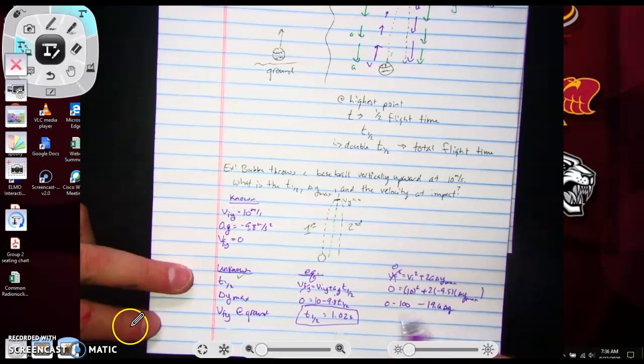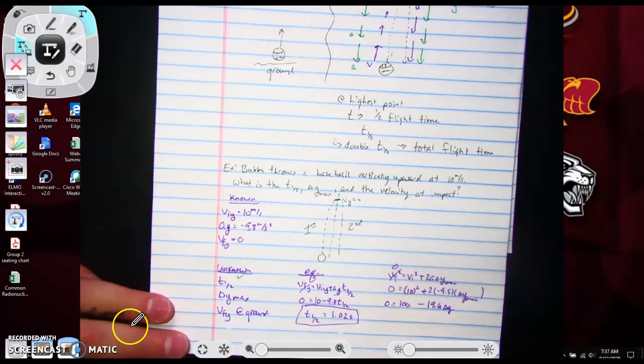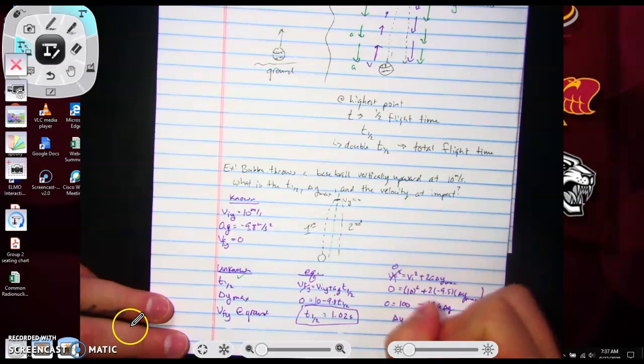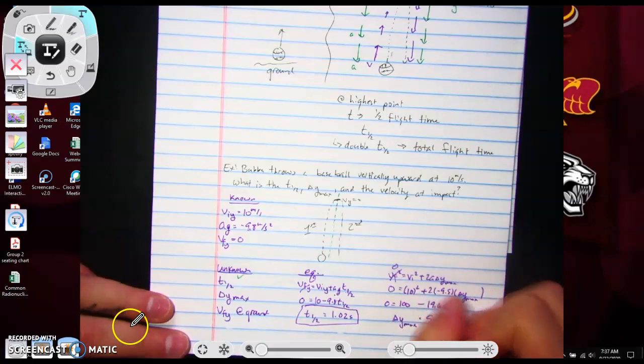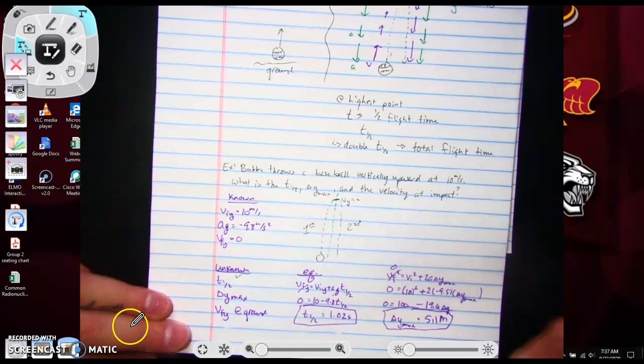Now once again, doing some basic algebra, subtract the 100 over. So 100 divided by 19.6, so that's negative 100 divided by negative 19.6. So negatives cancel out. I get a delta Y max of 5.1 meters. Boom, boom, boom.